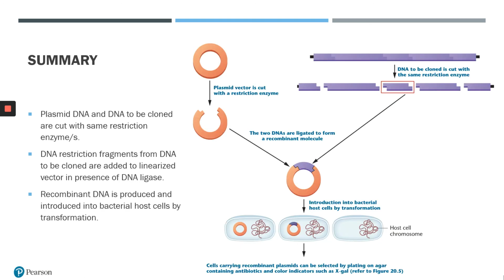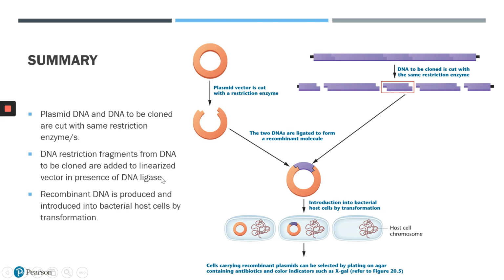I would now like to summarize what we've discussed in this lecture. To begin with, plasmid DNA and the DNA fragment that we are interested in cloning are both cut with the same restriction enzyme or restriction enzymes. The restricted DNA fragments are then added to a linearized vector in the presence of a DNA ligase.